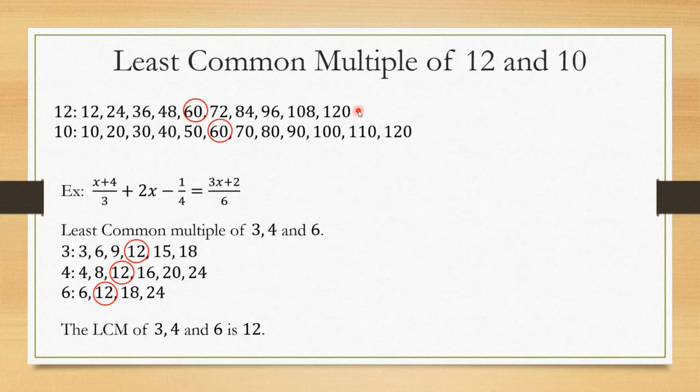So we have 12, 24, 36, 48, 60, 72, 84, and so on. We listed for 10 also, but we can stop at 60 because you can see 60 is in both lists. So 60 would be the least common multiple of 12 and 10.